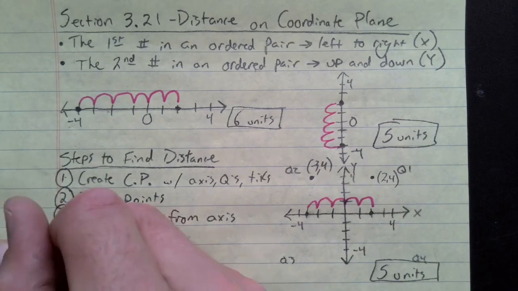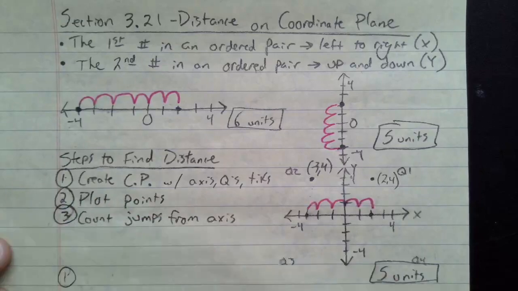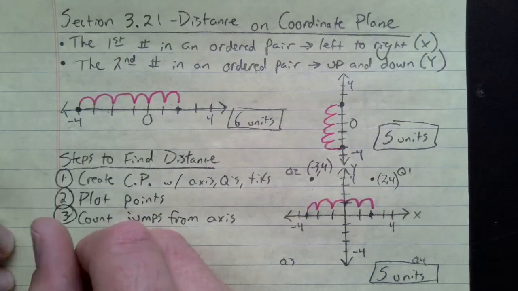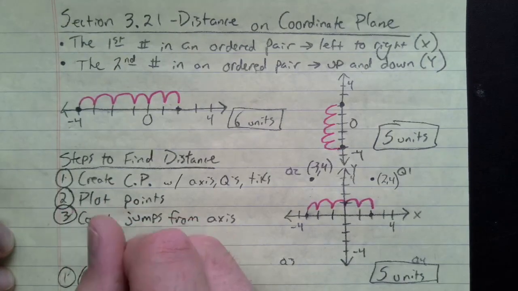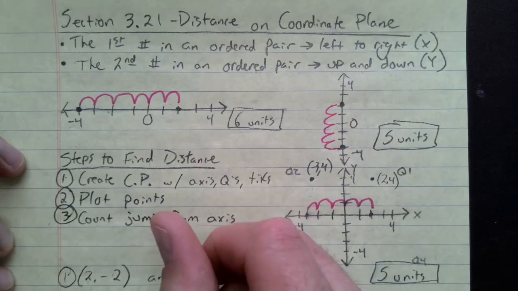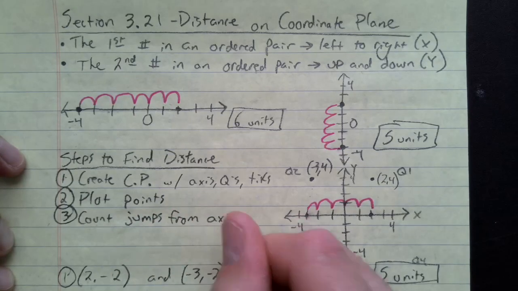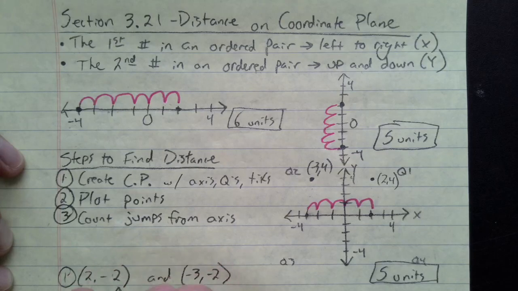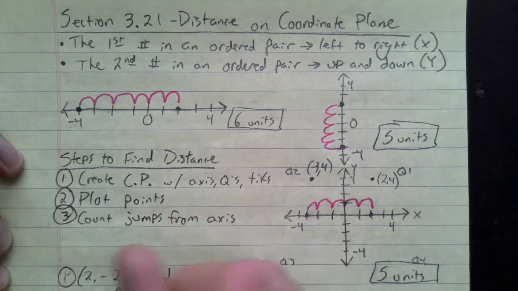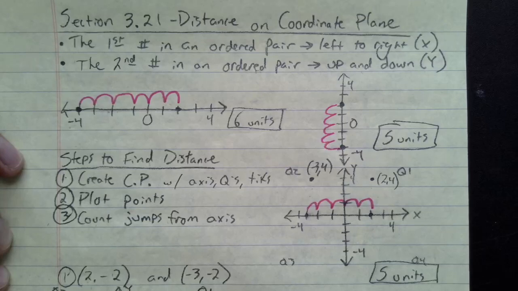Let's see what this looks like. Number 1 is point 2, negative 2, and negative 3, negative 2. Step 1 is just to create that nice and neat coordinate plane. Then label your x, your y, Q1, Q2, Q3, and Q4.